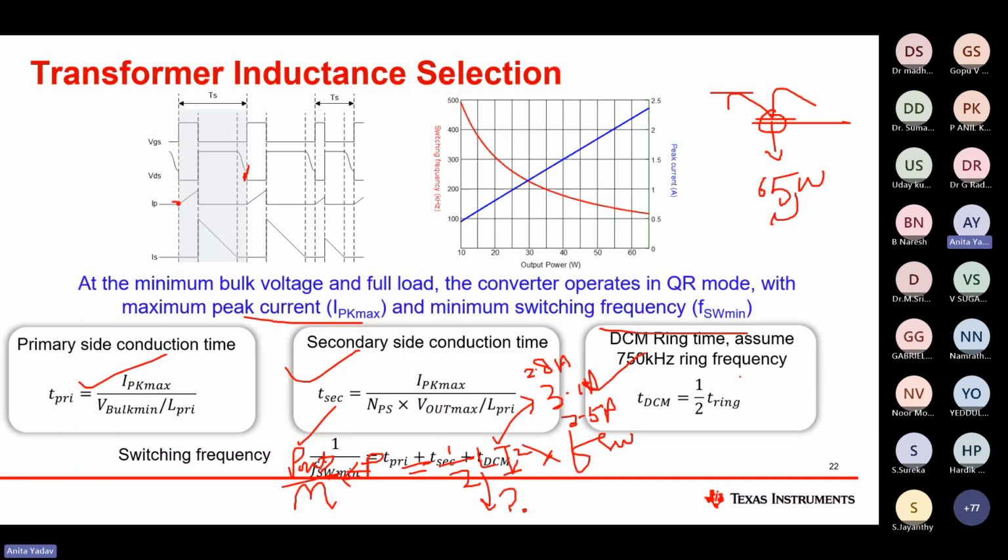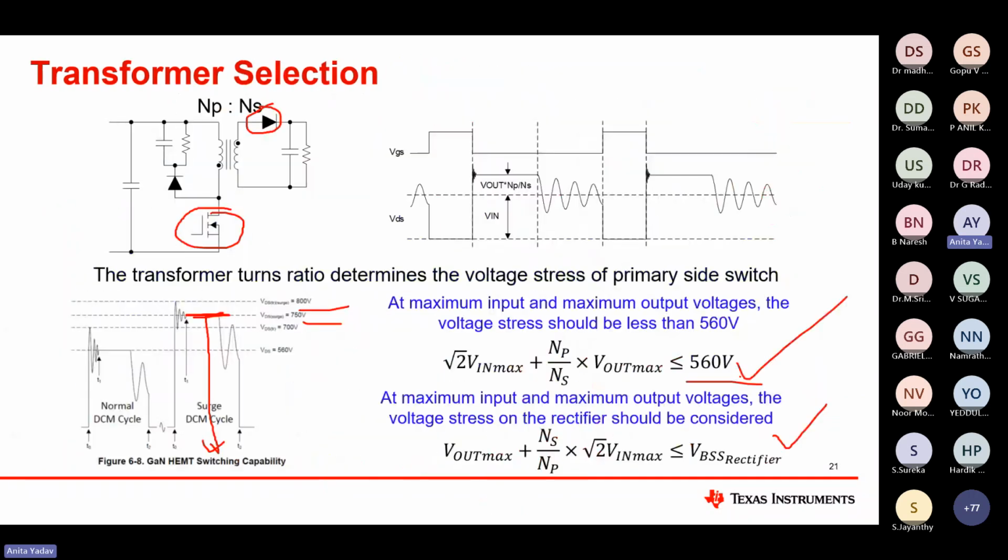If I want to show you the waveform, we can go to the previous slide. We can see that this is the overshoot, 560 to 700 volt. So we are seeing almost 140 volt allowed as overshoot.